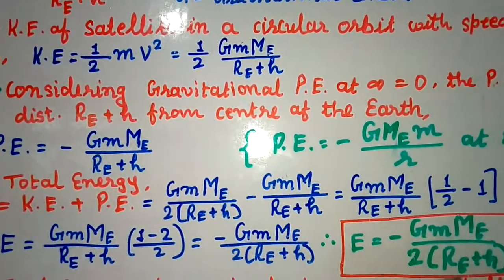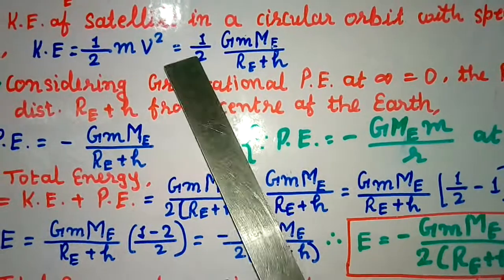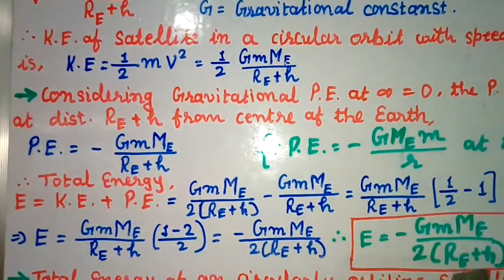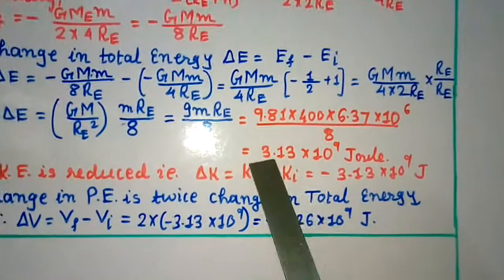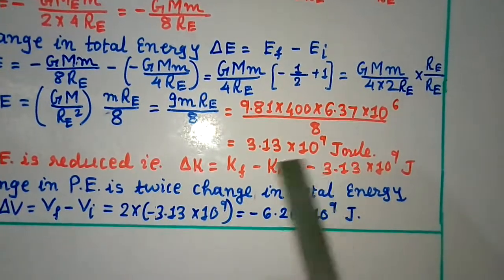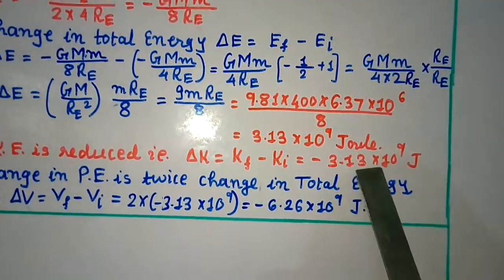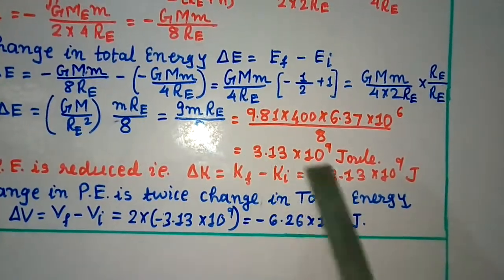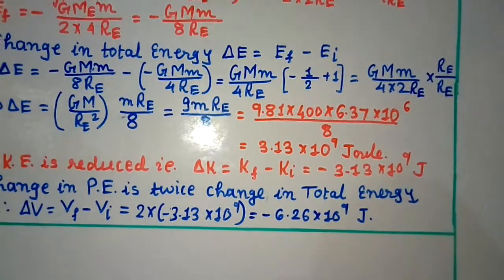You can see both the values are the same, but one is negative and the other is positive. If this is negative, then this will be positive. So they are the same, but the sign is opposite. So what can we say here is, if the change in total energy is 3.13 into 10 power 9 joule, then the change in kinetic energy will be the negative of this value, minus 3.13 into 10 power 9 joule.